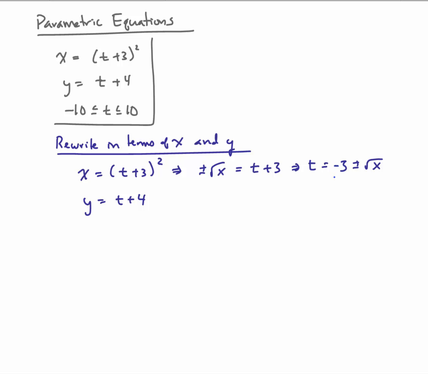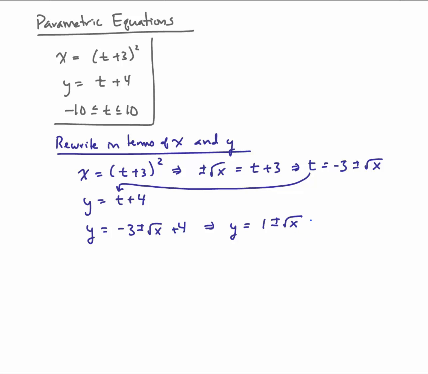So negative 3 plus or minus root x. And then what I'll do is I'll bring that down and plug it directly in. So I get y equal t, which is negative 3 plus or minus root x plus 4. And then combining my like terms, 4 minus 3 is 1. So I have y equal 1 plus or minus root x. So really I have two equations there, one plus root x and one minus root x. So this is my parameters in terms of x and y.